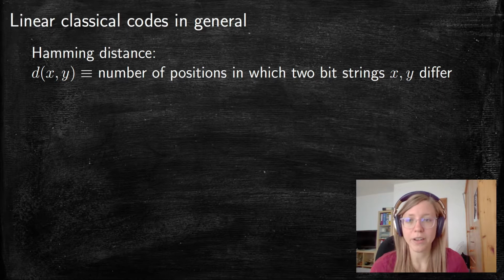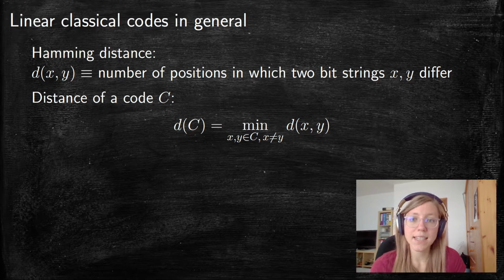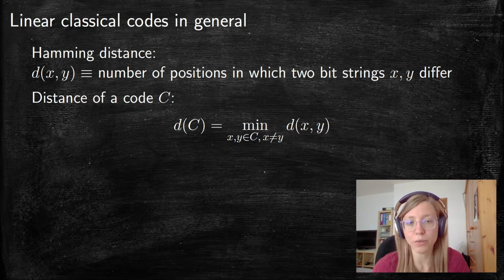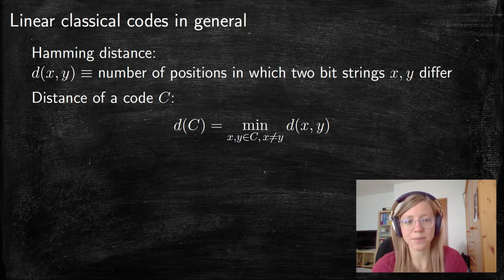So if I have a vector with 3 zeros and a vector with 3 ones, then the Hamming distance would be 3. And the distance of a code is defined as the minimum Hamming distance between any of the code words, which are of course not the same. So the Hamming distance of a code word with itself is always 0, so we exclude these cases.